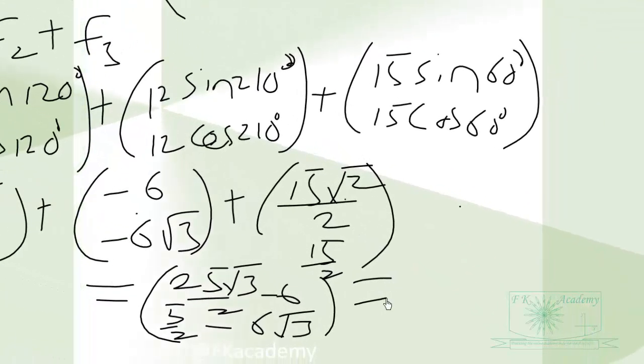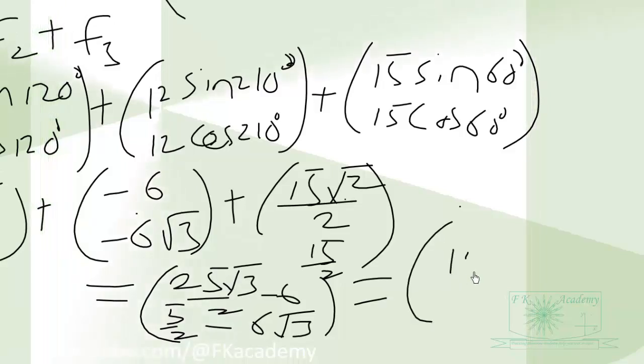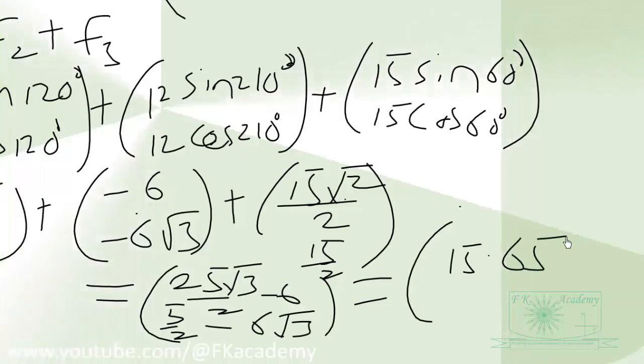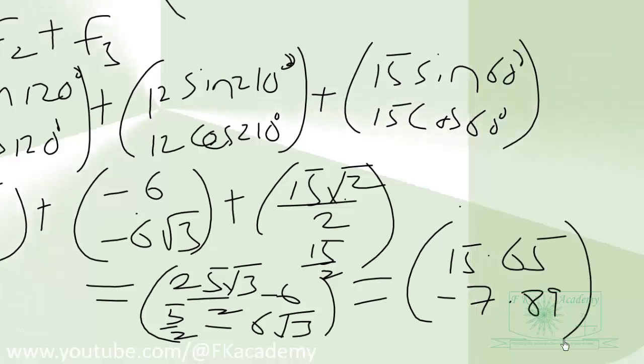When we write it in decimal form, we will get 15.65, then negative 7.89. So that is the resultant force.